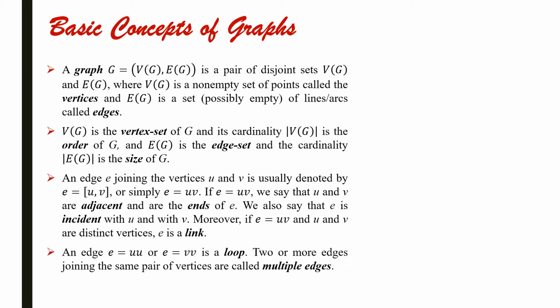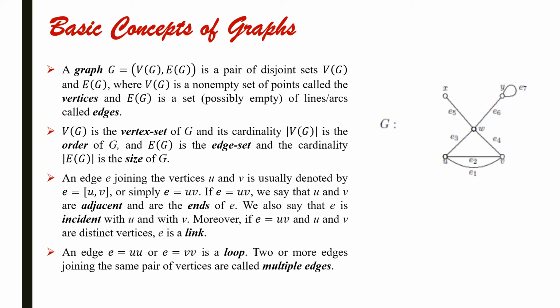An edge E joining a vertex onto itself is called a loop. Finally, two or more edges joining the same pair of vertices are called multiple edges.